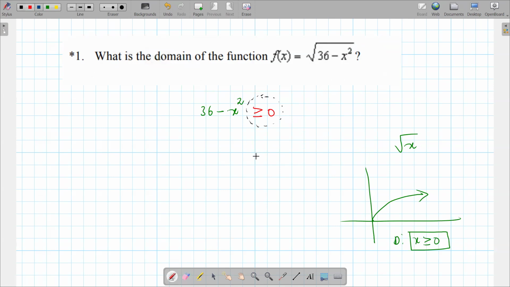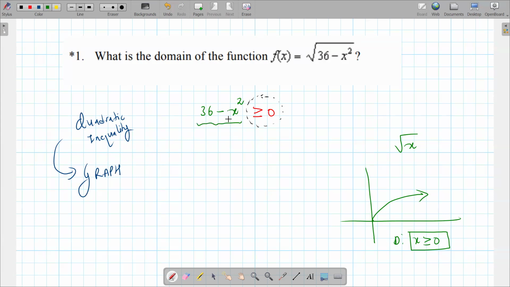So now the next thing is, how do we solve this inequality? It's a quadratic inequality, an inequality because of this sign here. It's not equal to zero. If it was equal to zero, it would be much easier. To solve a quadratic inequality, if possible, graph it. That's the best way. So here we're going to graph 36 minus x squared, okay?